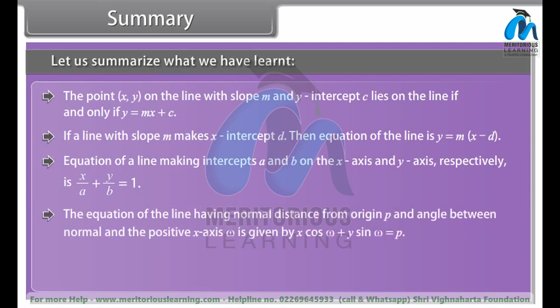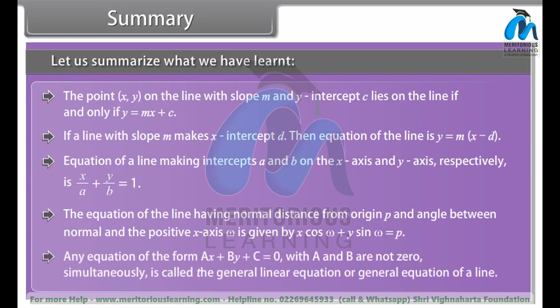The equation of the line having normal distance from origin p and angle between the normal and the positive x-axis omega is given by x cos omega + y sin omega = p. Any equation of the form ax + by + c = 0, with a and b not both 0 simultaneously, is called the general linear equation or general equation of a line.